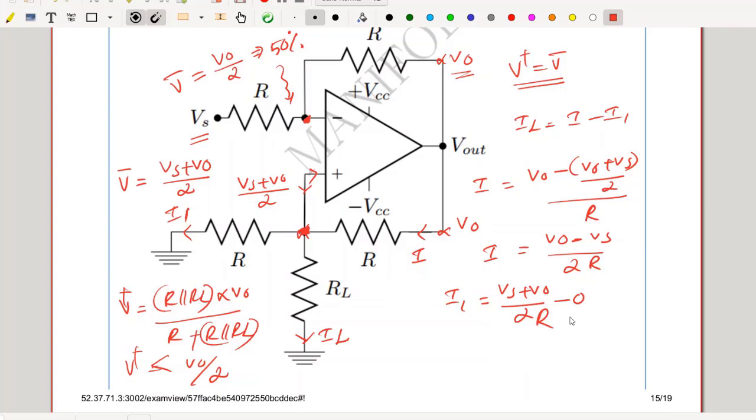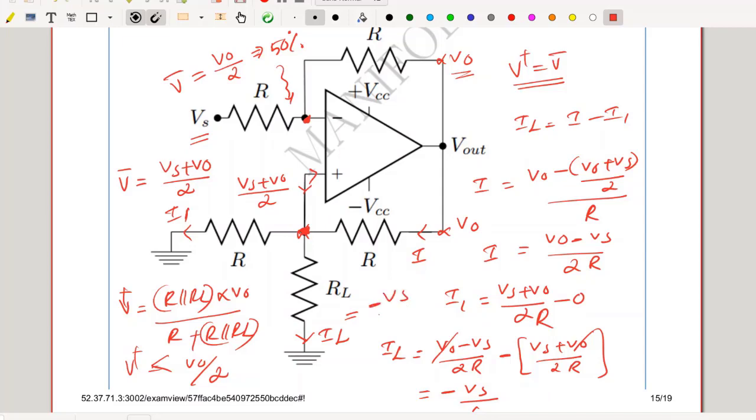The difference between these two is equal to IL. So IL is nothing but I minus I1. So V out minus Vs by 2R minus Vs plus V out by 2R. V out by 2R will cancel each other. Minus Vs by 2R minus Vs by 2R will add up and give me minus Vs by R. So the current IL is nothing but minus Vs by R.